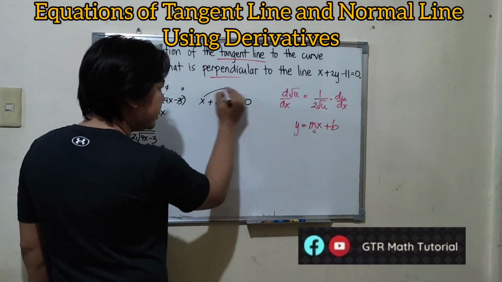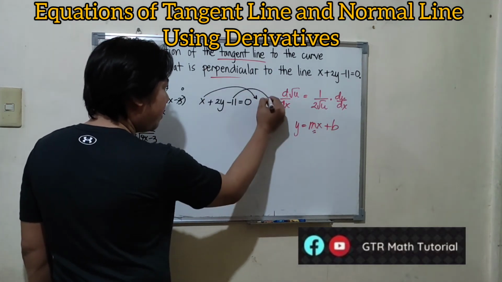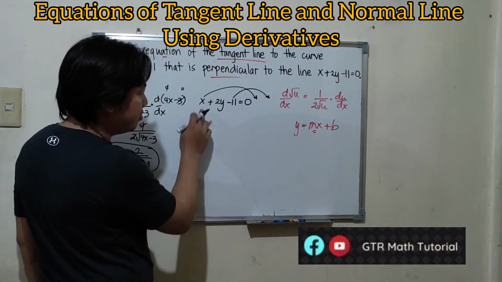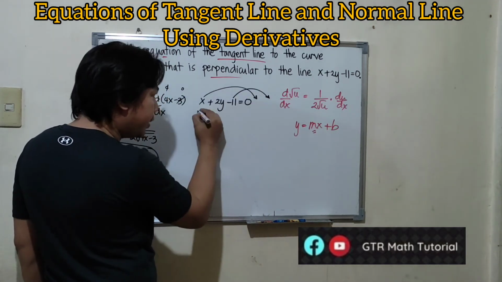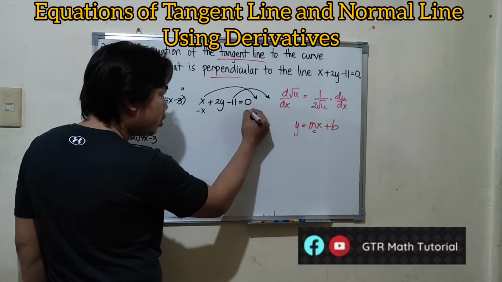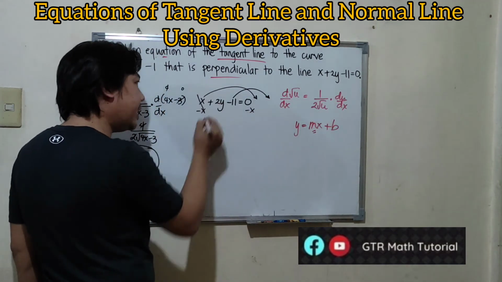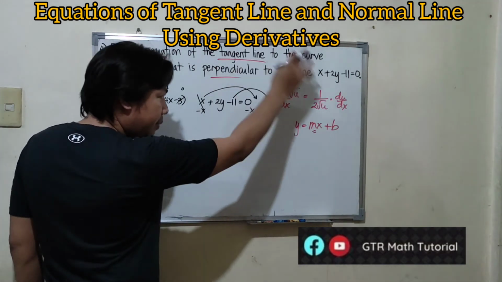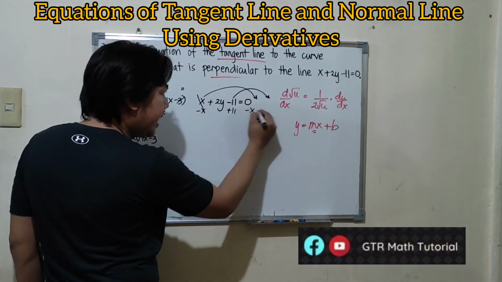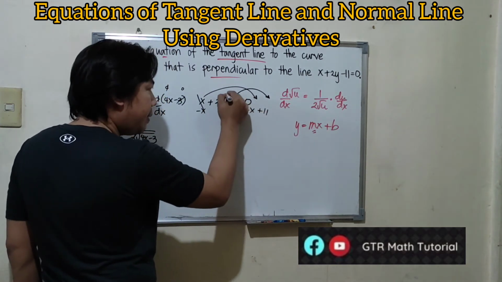So put x and negative 11 to the other side. We need to subtract x from both sides so that we can cancel this. To put negative 11 to the other side, add 11 to both sides. So negative 11 plus 11 is 0.